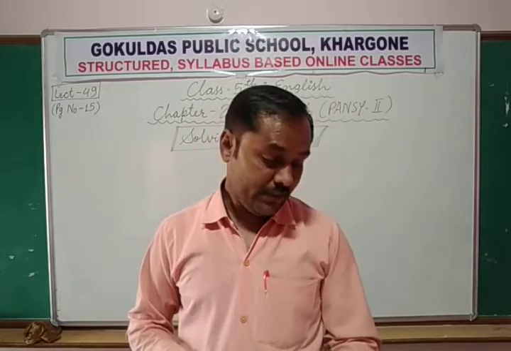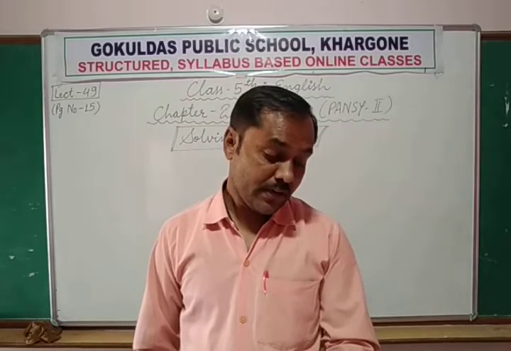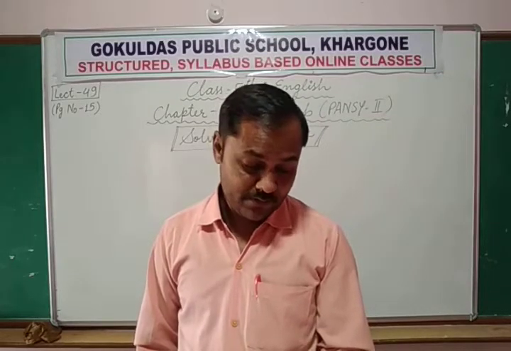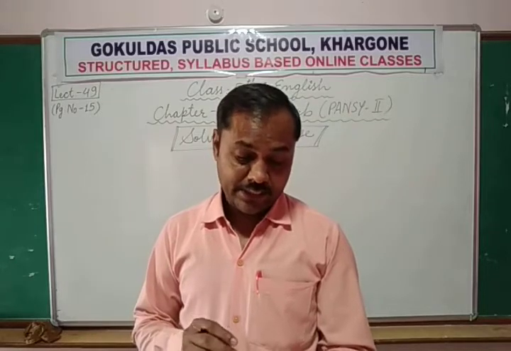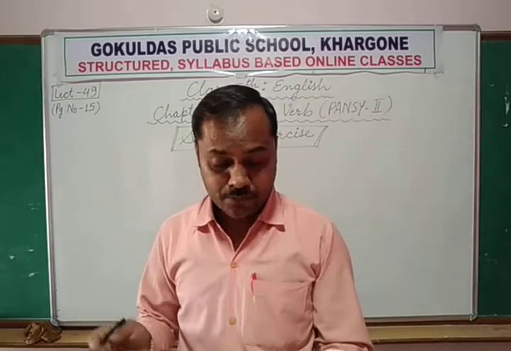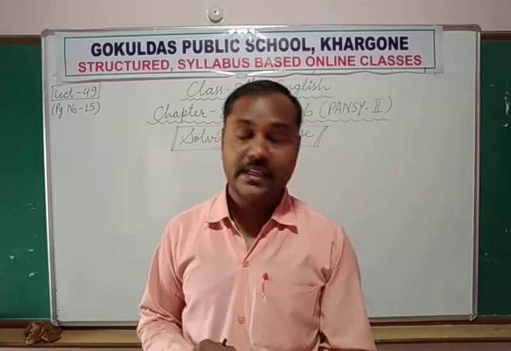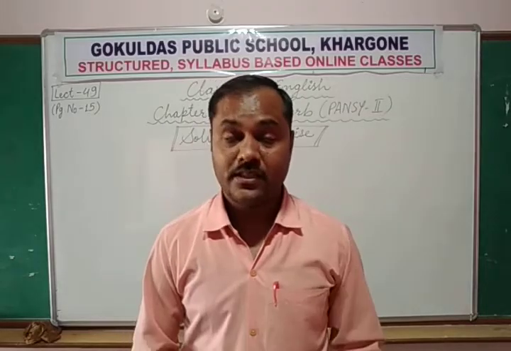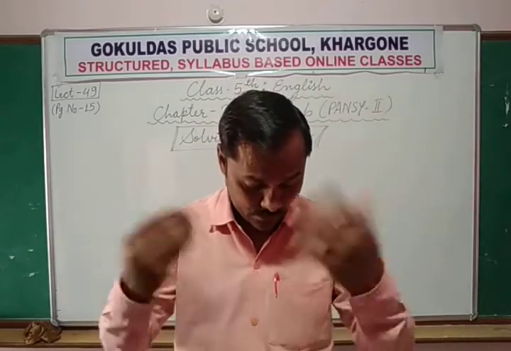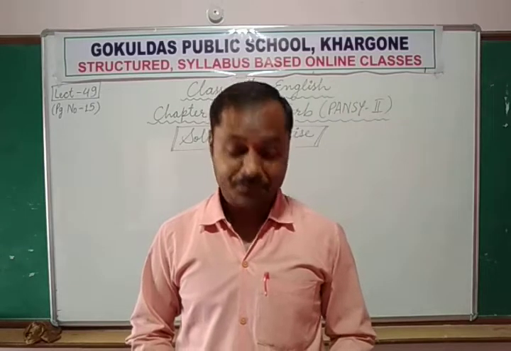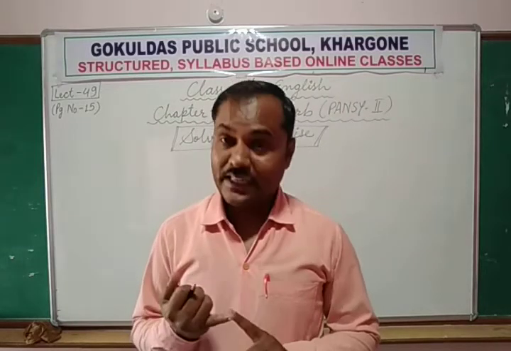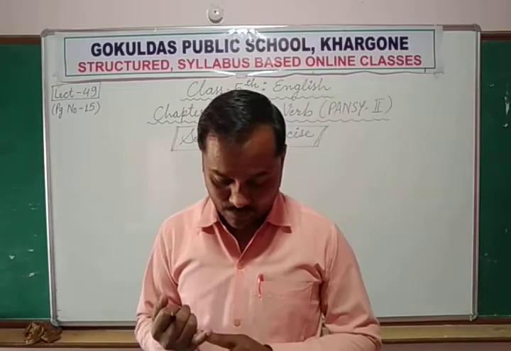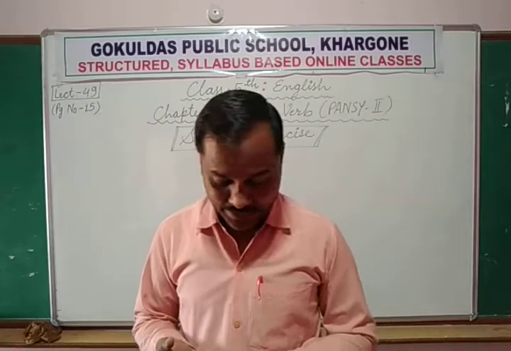Okay, now let's see exercise D. Identify the verb, subject complement, direct object, indirect object and object complement in the following sentences. This is a very deep question, I think it is very hard for you to solve this type of questions, because you need to understand verb, then subject complement, then object complement, then direct object and indirect object.